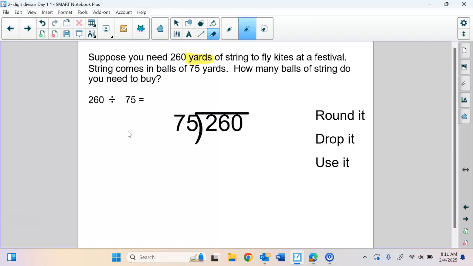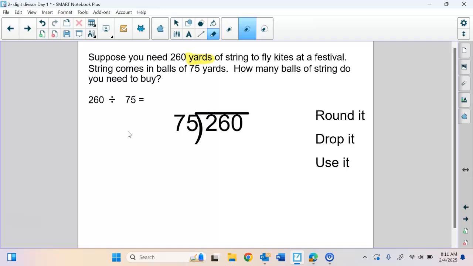So let's think about real life here. I go to the store, I can buy string in these balls of 75 yards. I need a grand total of 260 yards for the requirements at the festival. So we see yards is our label for the dividend that we're going to divide.